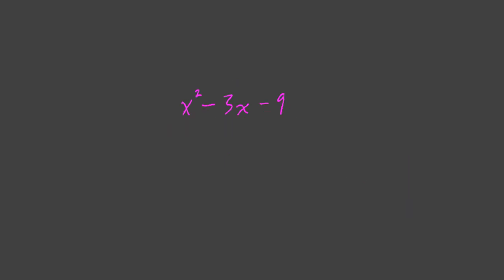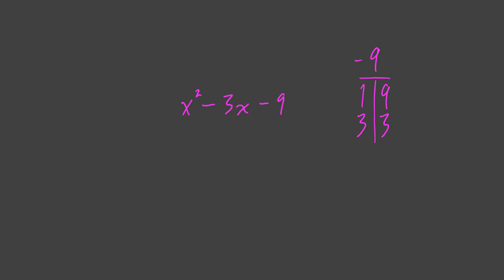X squared minus 3x minus 9. Okay, we're looking for factors. Oh, I don't want that highlighter. We want pen. We're looking for factors of 9 or -9 that add up to -3. Well, 1 and 9, 3 and 3.